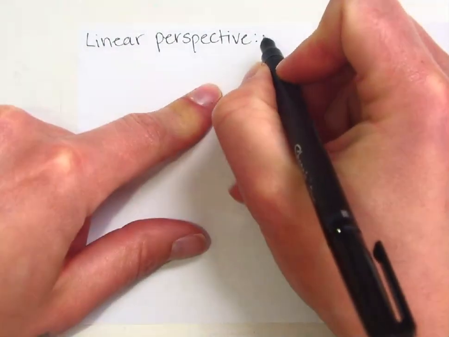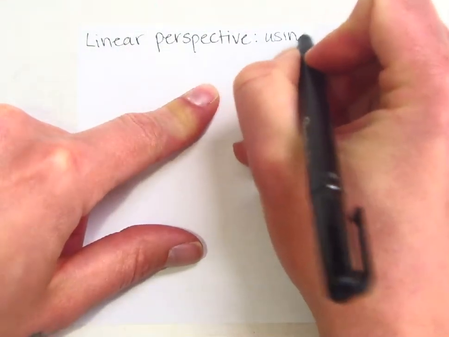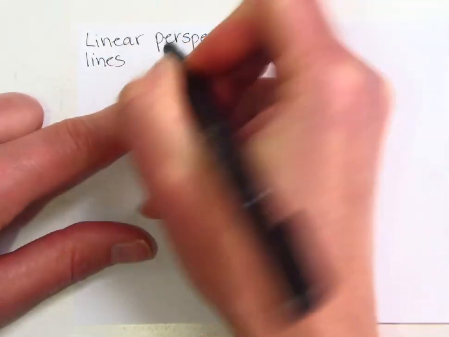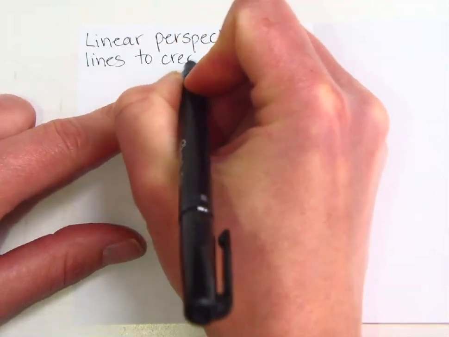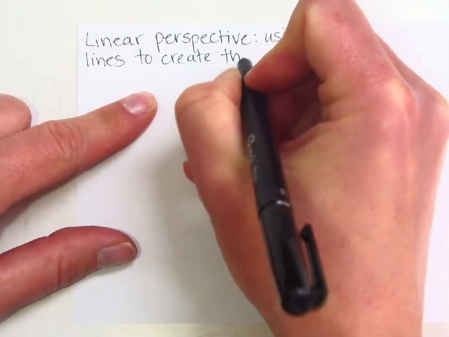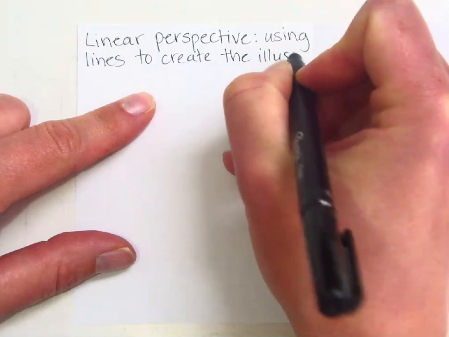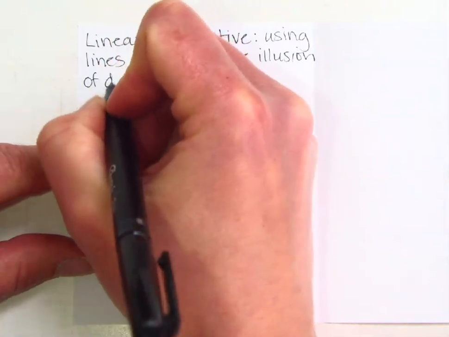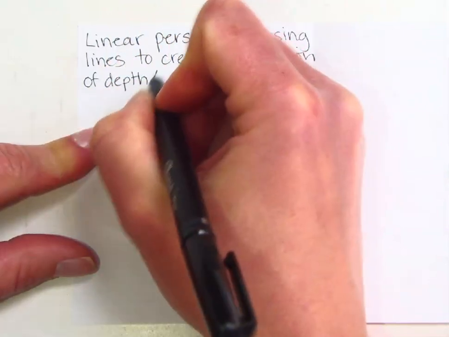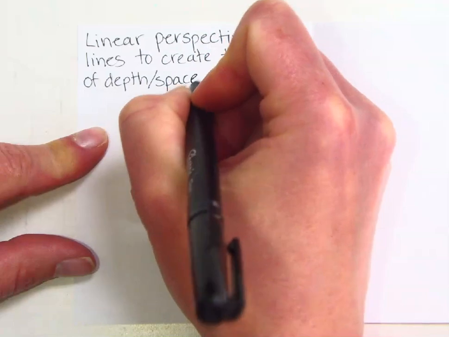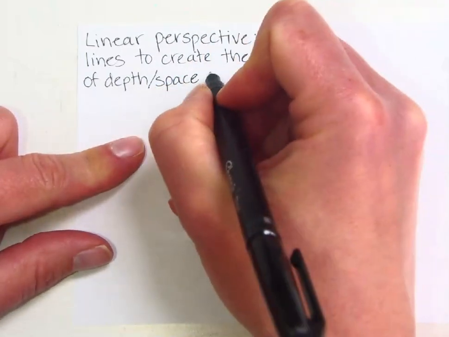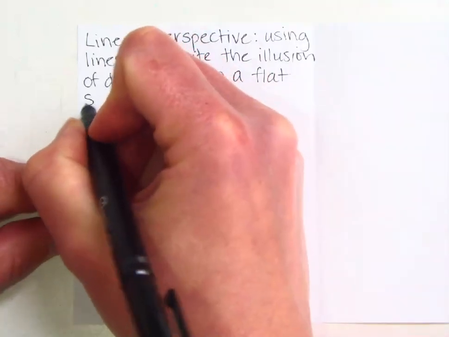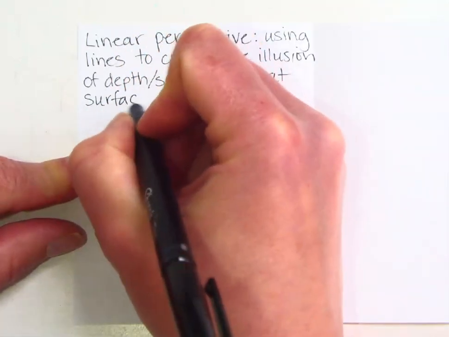So you're using lines somehow to create the illusion of depth / space on a flat surface. Okay, so for example, a drawing or a painting.